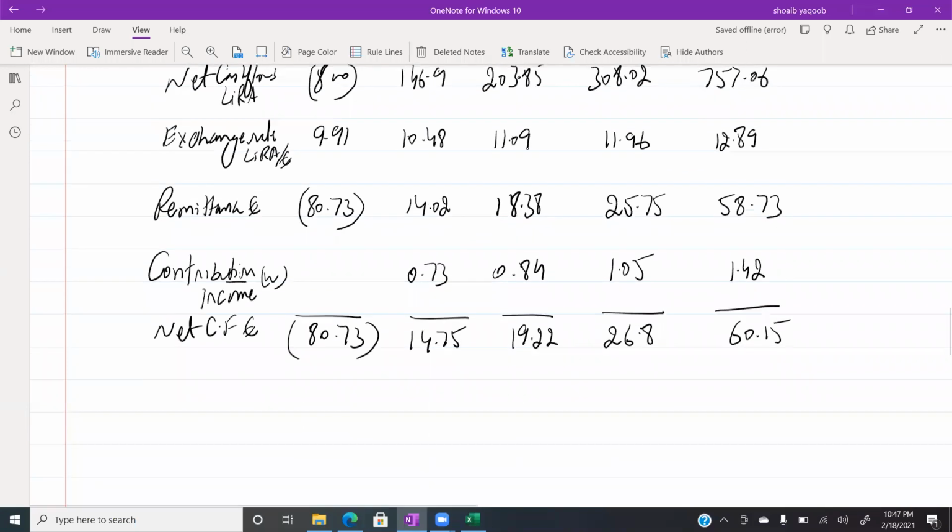So firstly, we will discount these cash flows at 16%, then at 13%.